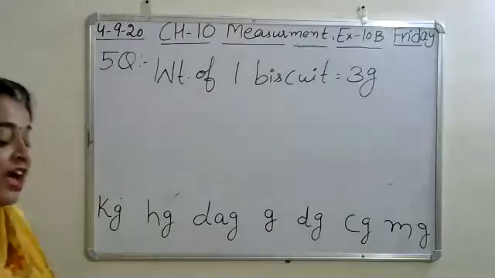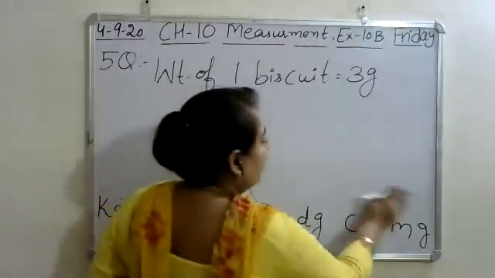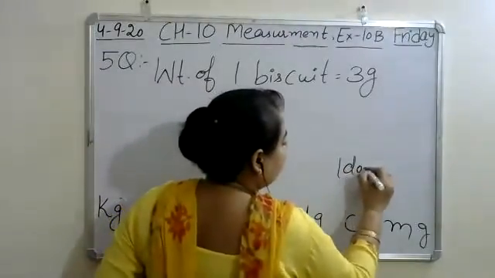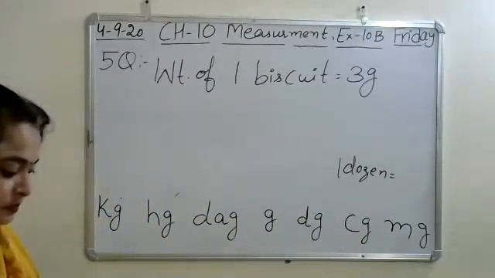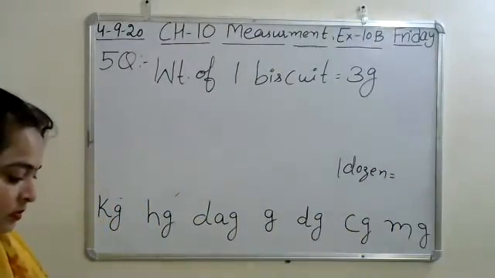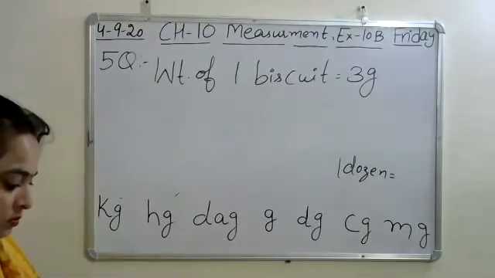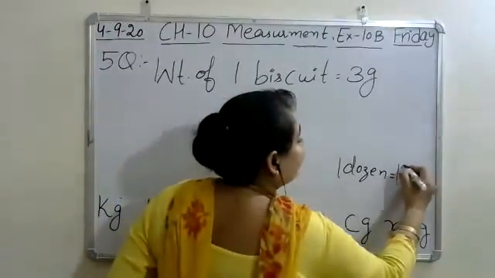So write down in the chat box, in 1 dozen we have how many pieces? Very good. In 1 dozen we have 12 pieces.